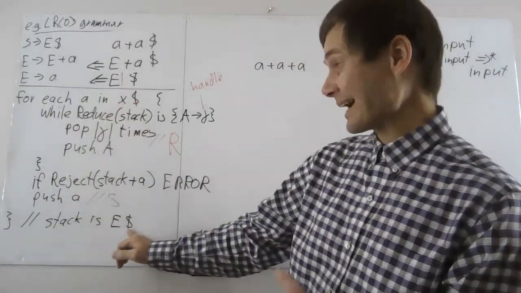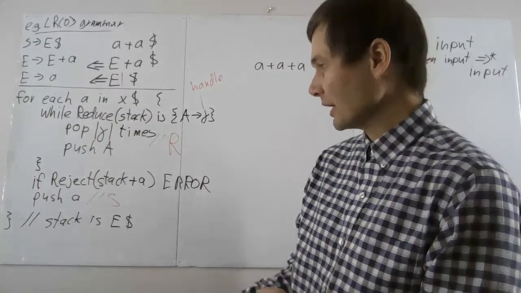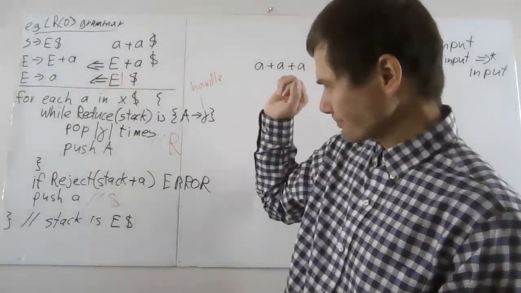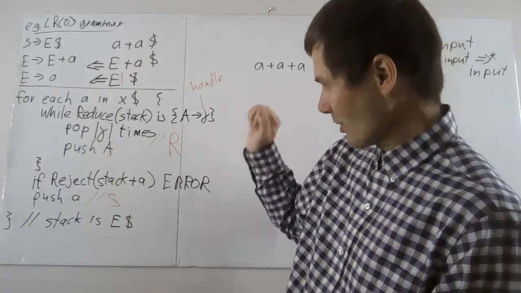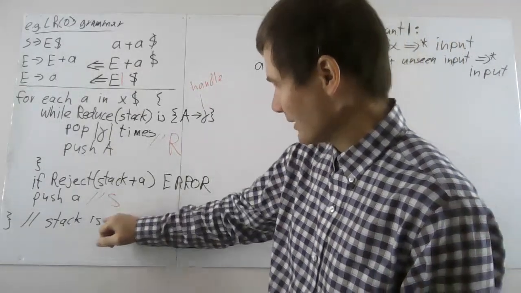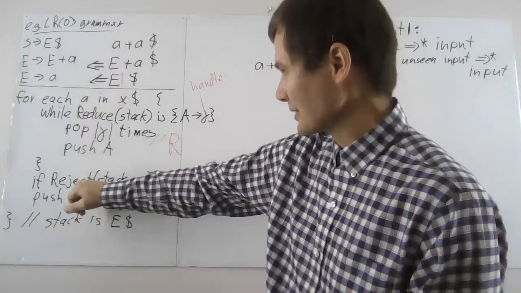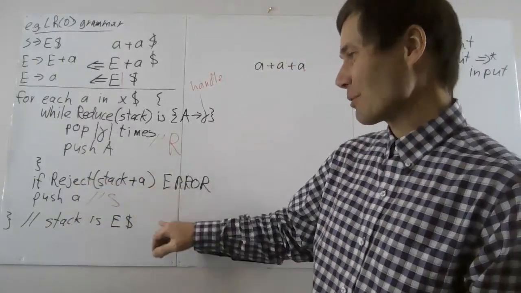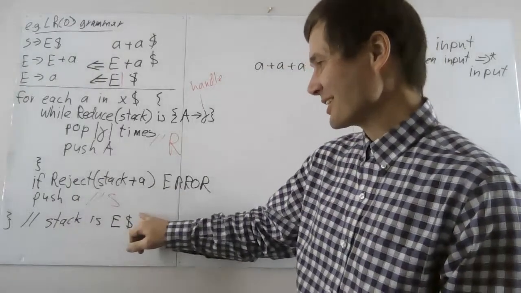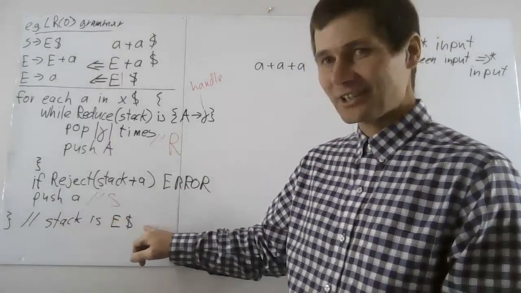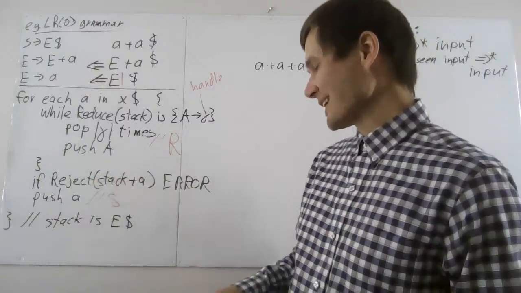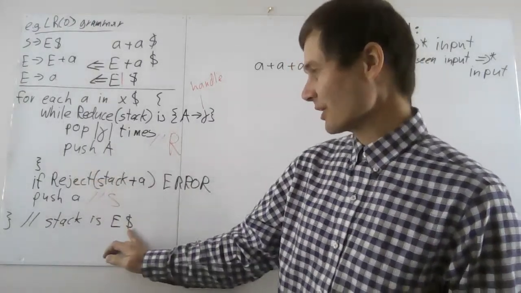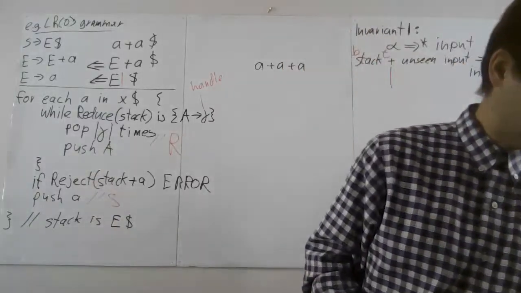So that's why the stack has to end with $. And the only string for which reject will not reject, that has that $ on the end, is $. So in other words, we'll make reject reject every input that starts with a $, except if it has that start symbol on it.